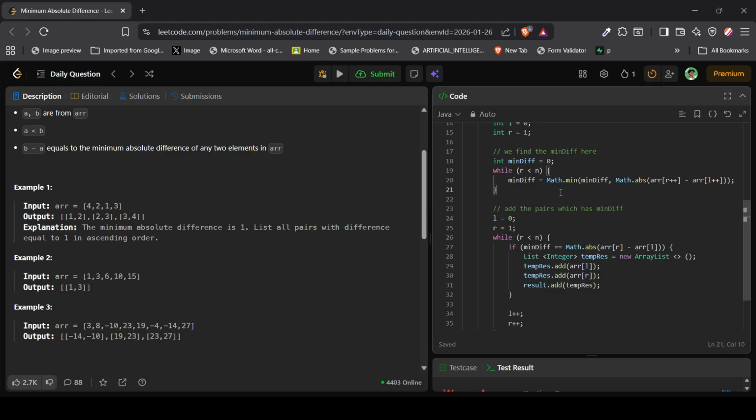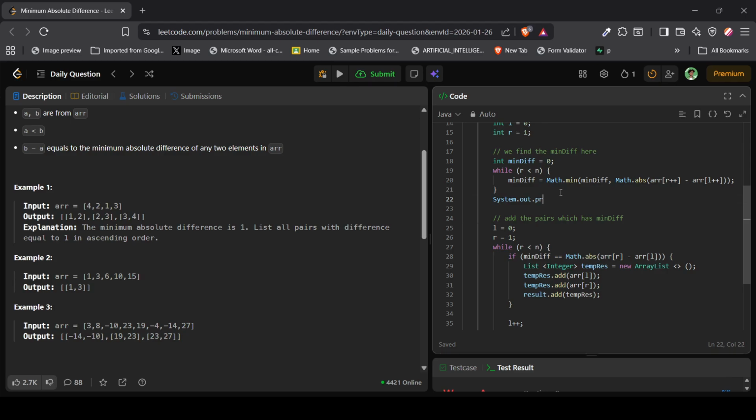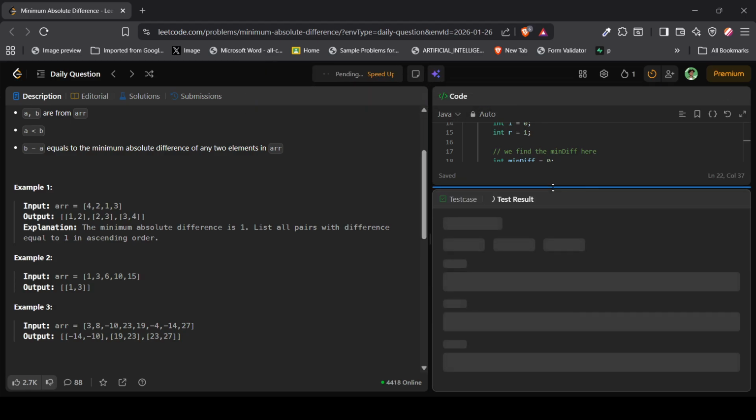Should we just print it out just to see what is the minimum difference here? Let's do that. Let's see if we have correctly figured out the min diff at least.